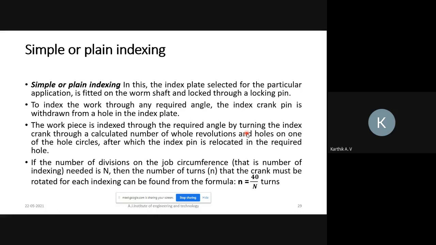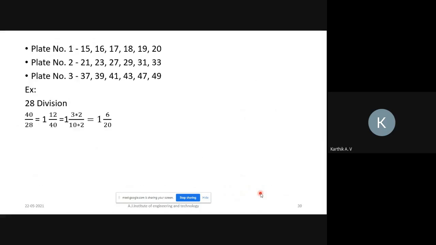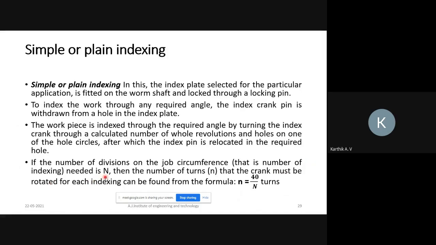The formula is given as small n is equal to 40 divided by capital N. Here capital N is the number of divisions required in the workpiece, and small n is the number of turns required. The previous one was the number of holes to be moved, but here small n is the number of turns required in the crank.